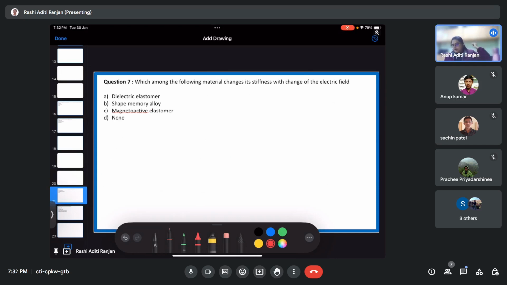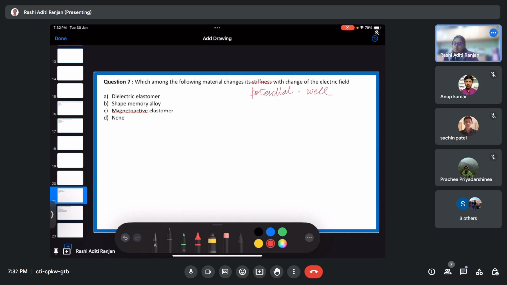Now coming on to question 7, which among the following materials changes its stiffness with the change of electric field? Now, when I say stiffness, I actually mean its behavior, or I would say its potential well changes.